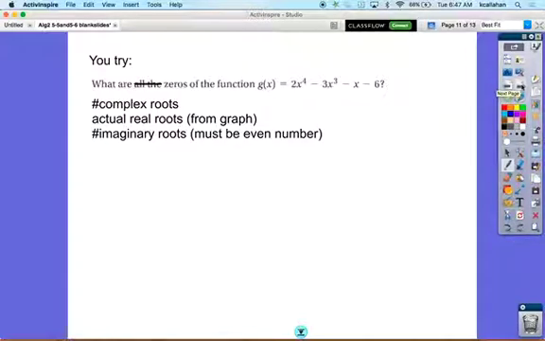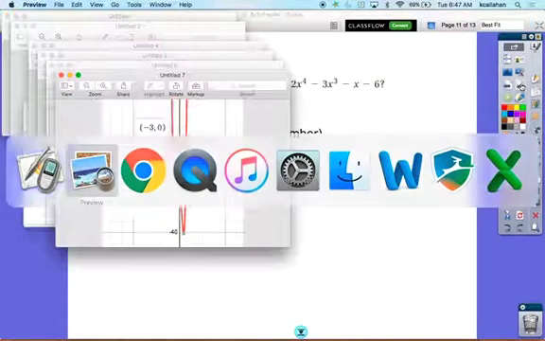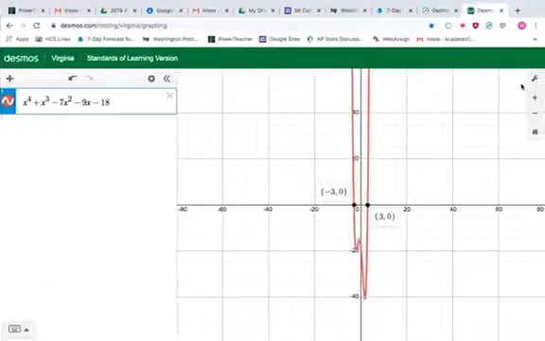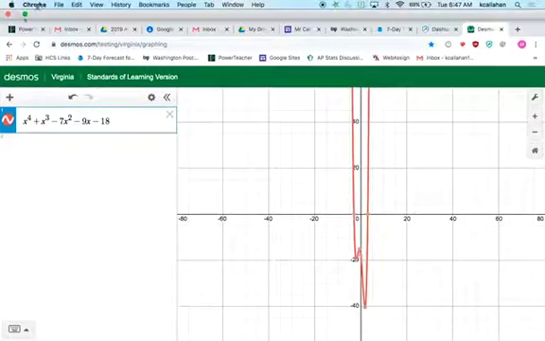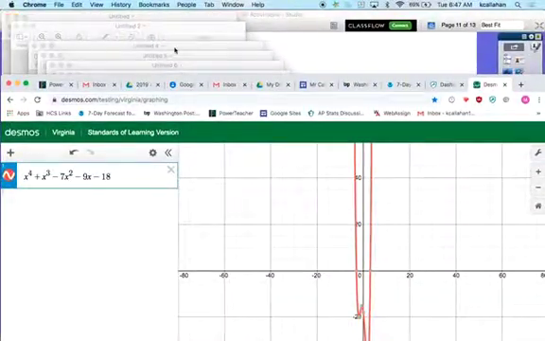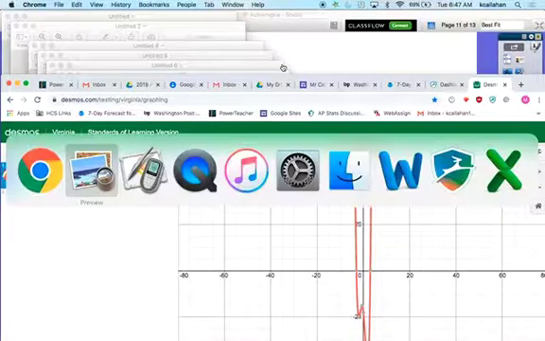And last, again, find the zeros of this quartic polynomial, 4 terms, by doing the same thing, right? Go to Desmos, hit pause, hit play when you're done. A bit of gymnastics here.